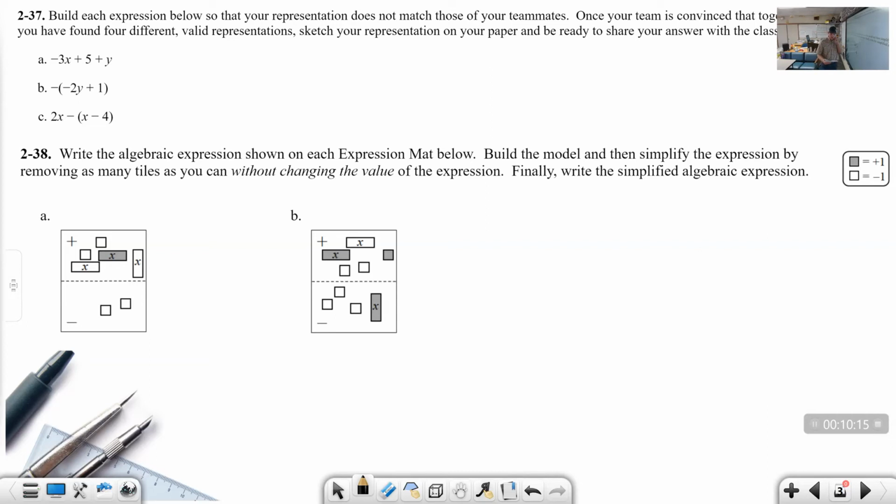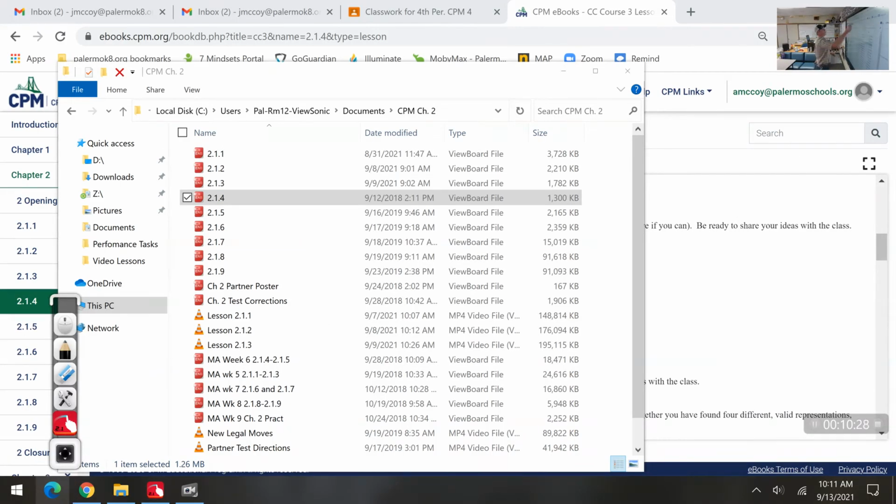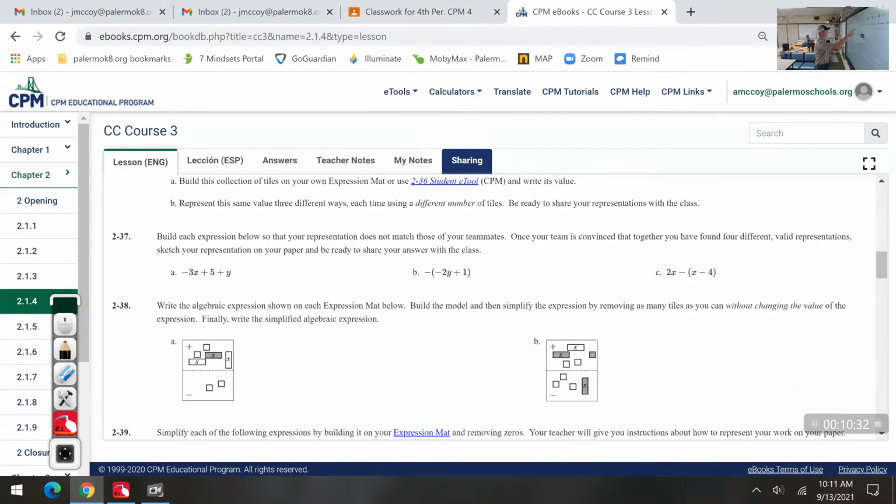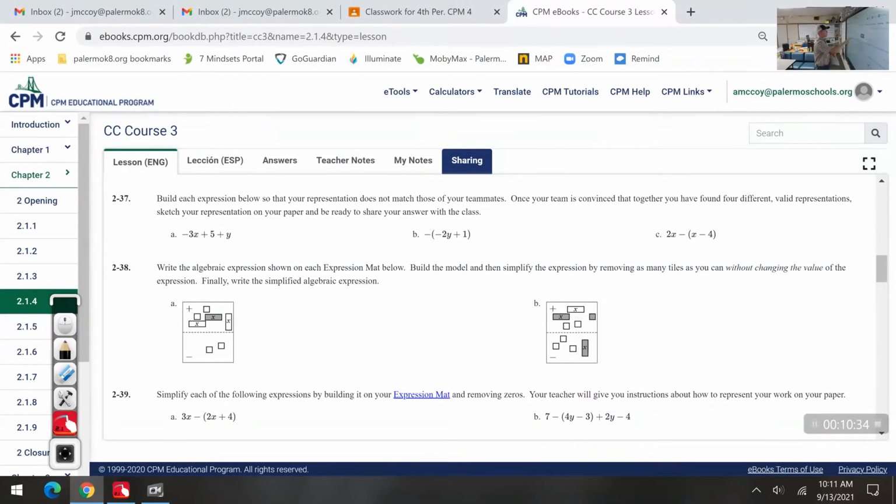Okay, 2-37, you are going to want to have your CPM ebook, looks like this. 2-37 says build each expression so that your representation does not match those of your teammates.